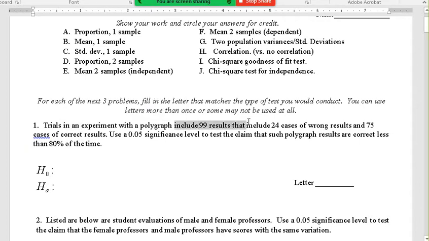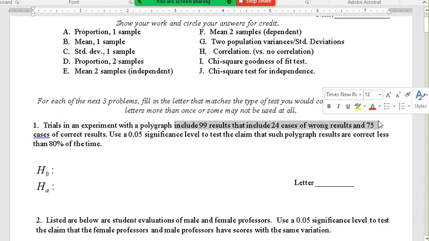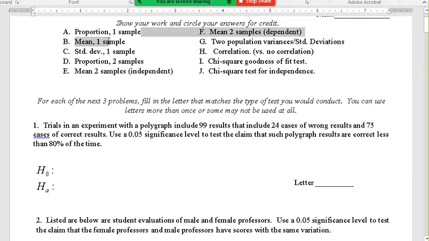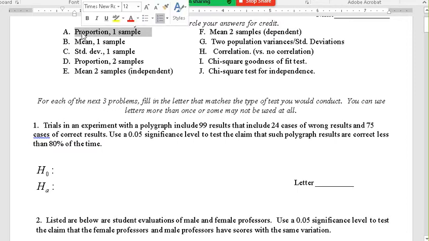You had 99 people in this experiment, or 99 tests anyways, and it was 24 wrong ones and 75 right ones. But that's still just one sample, one population. So what letter does that correspond to then? Yeah, A. Proportion, one sample. Done.